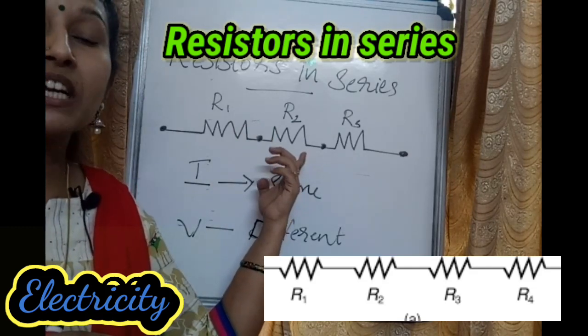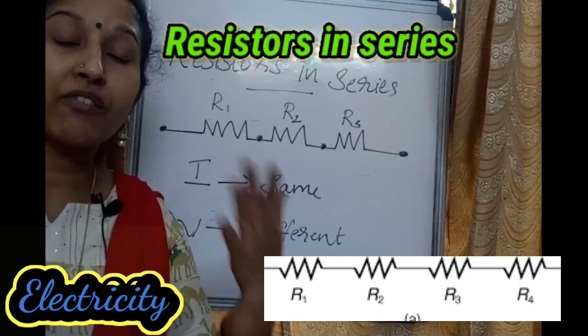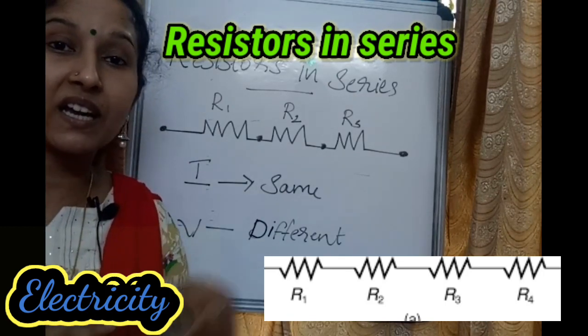I showed only 3 resistors, but we can connect many resistors, right? 10, 14, 15 resistors we can connect in series.